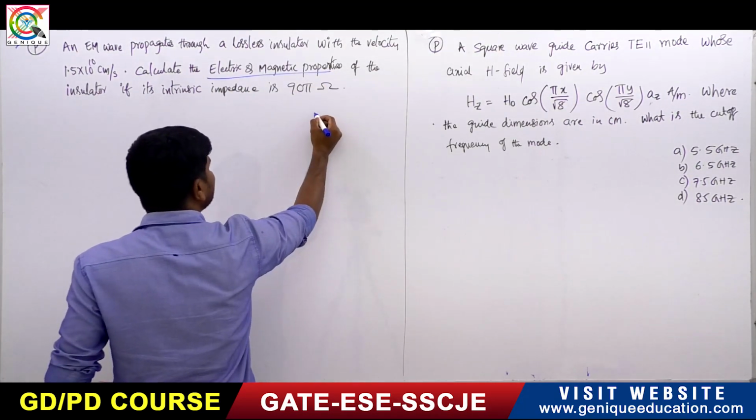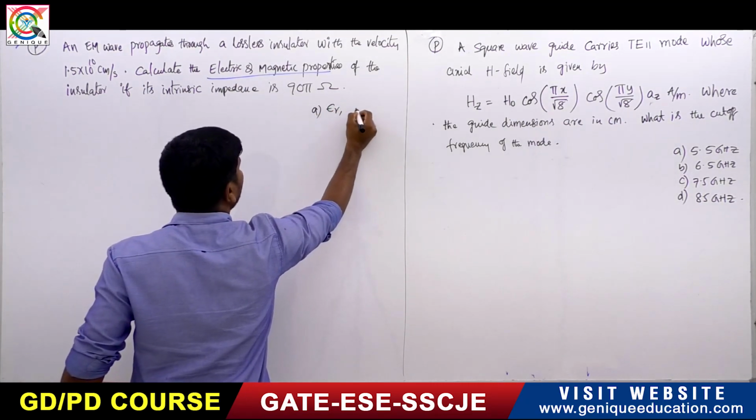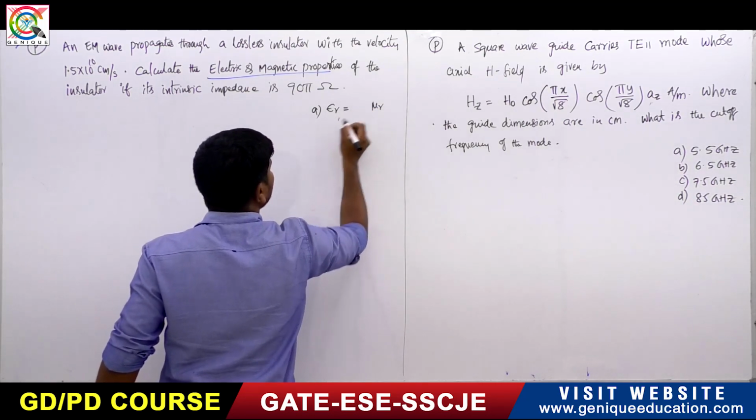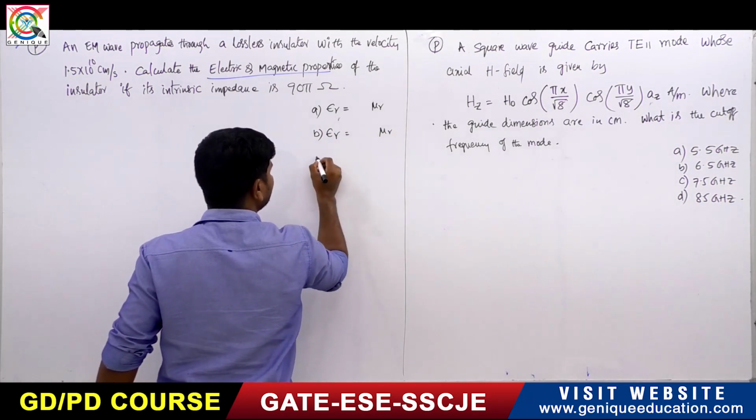So here in the options, option A is epsilon r and mu r values. Option B, epsilon r, mu r values.